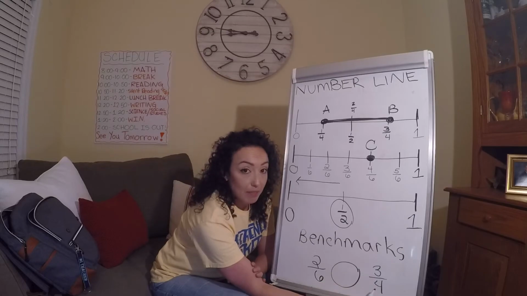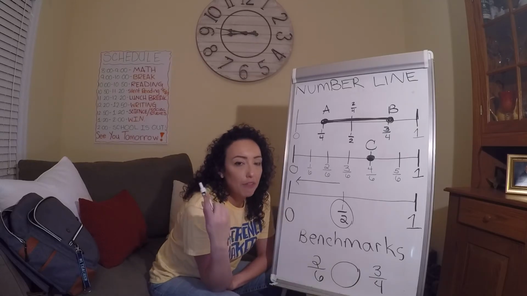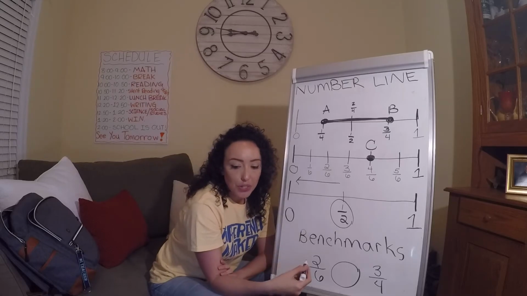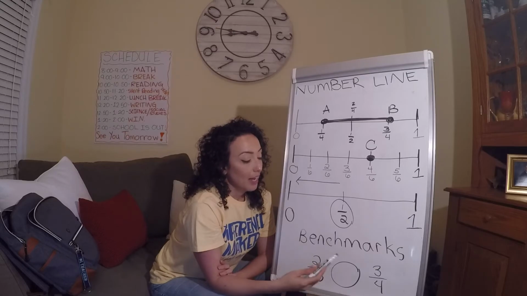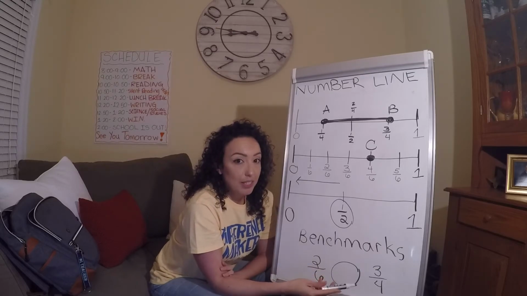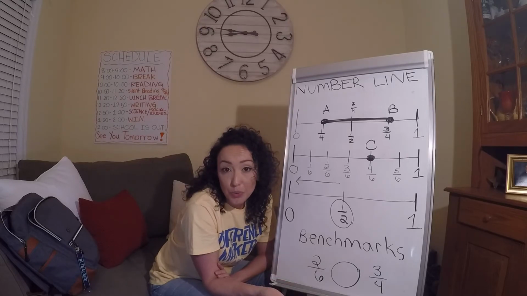Then I look at this one, fourths. Again, I'm only 1/4 away from 1/2. But with 2/6, I was closer to 0. I also know that if I cut fourths in half, or see what half of 4 is, I'd say 2.